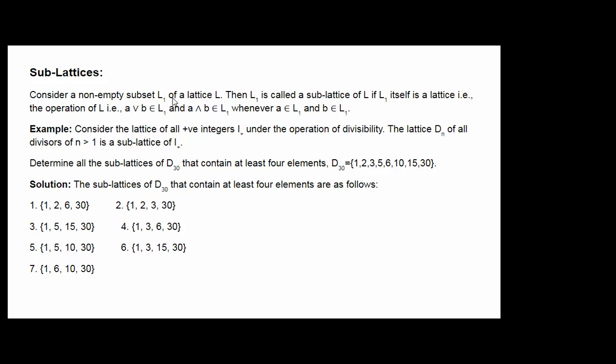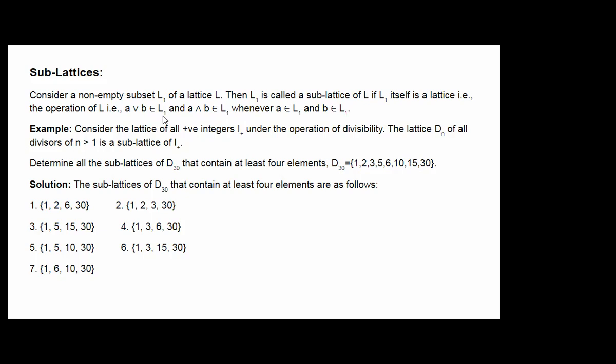Sublattice means what? L1 is a sublattice of L if the same operations are performed within it. Here, in lattice L, A union B belongs to L1 and A intersection B also belongs to L1.